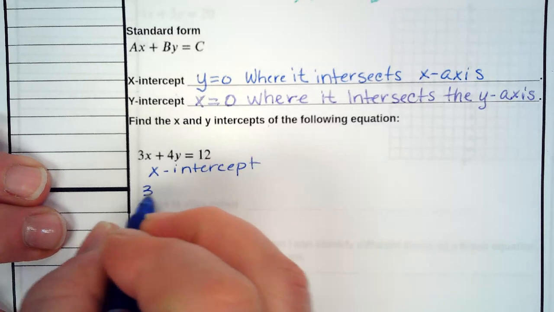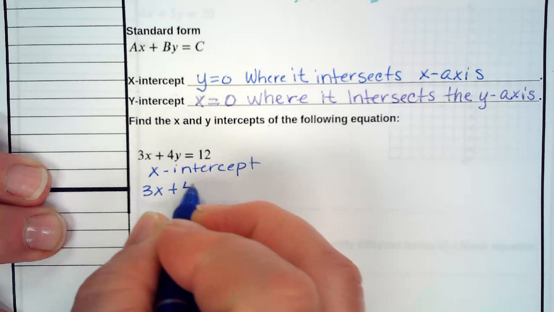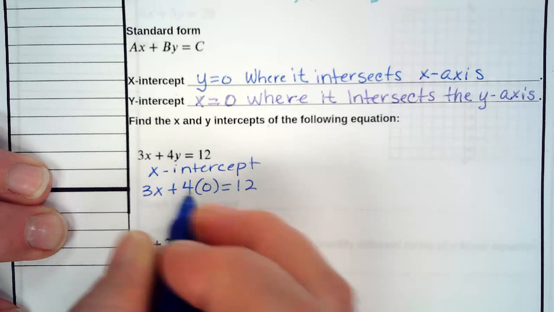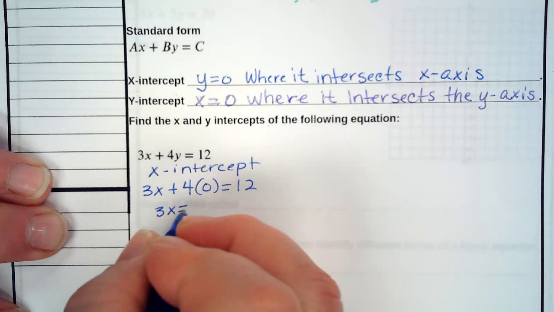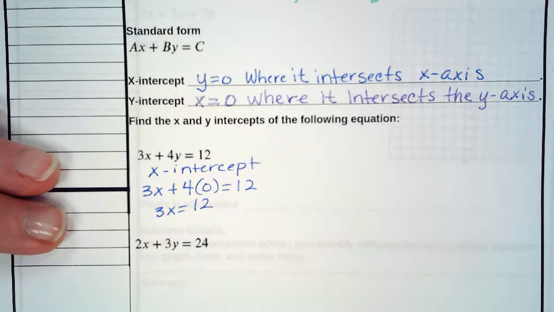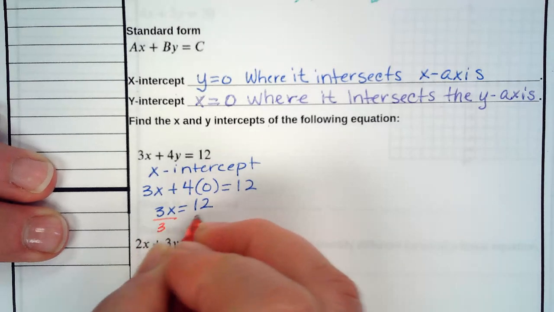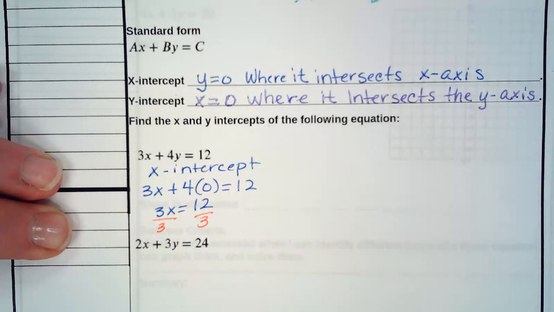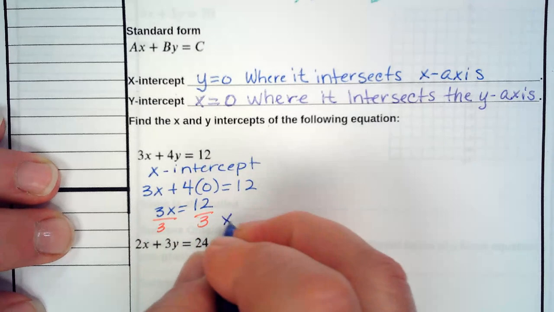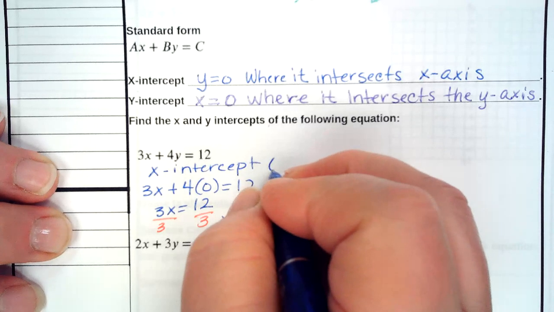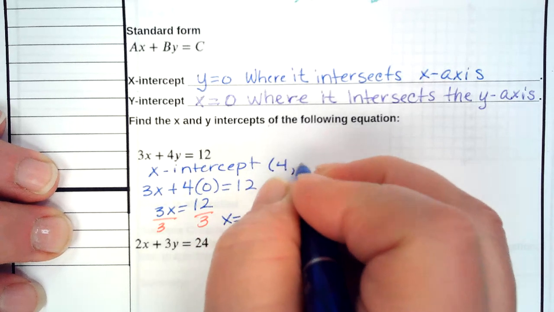So 3x plus 4 times 0 is equal to 12. 3x is equal to 12. You're going to divide both sides by 3. And x is equal to 4. So your x-intercept is the point 4, 0.